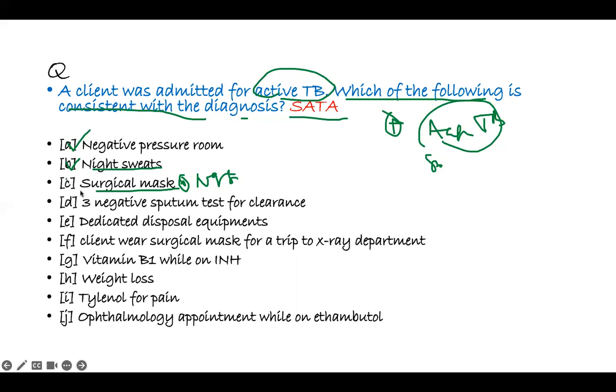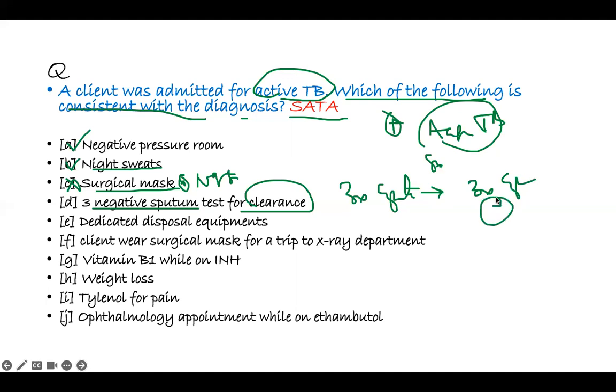So this is wrong. Three negative sputum tests for clearance. Yes, you need three sputum tests for diagnosis. Then before you can say they don't have active TB, you still need three sputum tests to say everything is negative. Remember, sputum is taken in the AM, not night sputum, and they have to wash their mouth.